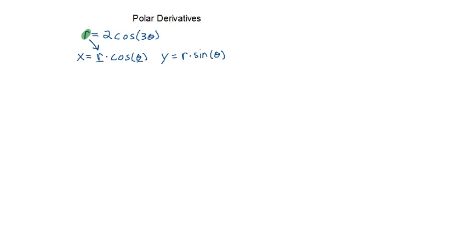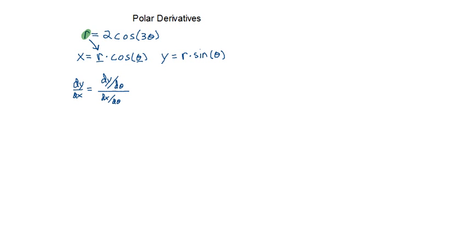But if we want to take the derivative, we have to remember that dy/dx, when we take the derivative of a polar equation, is equal to the derivative of y with respect to our other variable, theta, d theta, over the derivative of x with respect to theta.